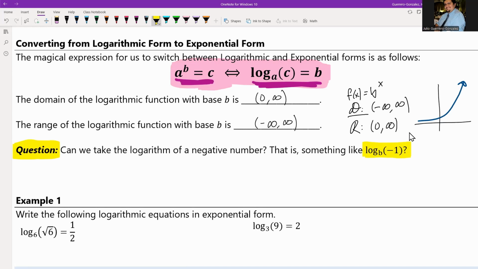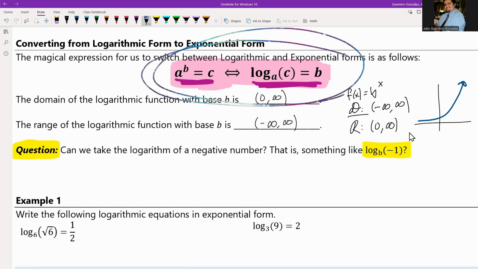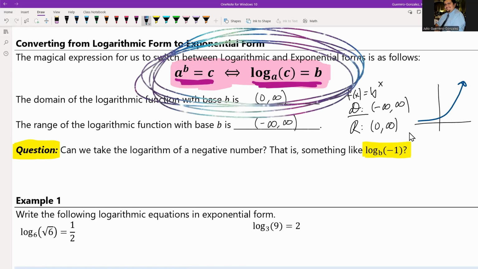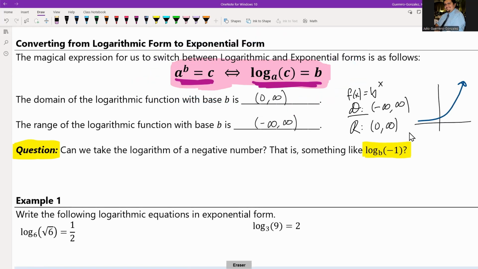Okay, the answer to that is actually in our boomstick, the thing that I have highlighted in pink right here. So to answer my question, I'm going to do log base b of -1, and I'm going to call this x, okay?